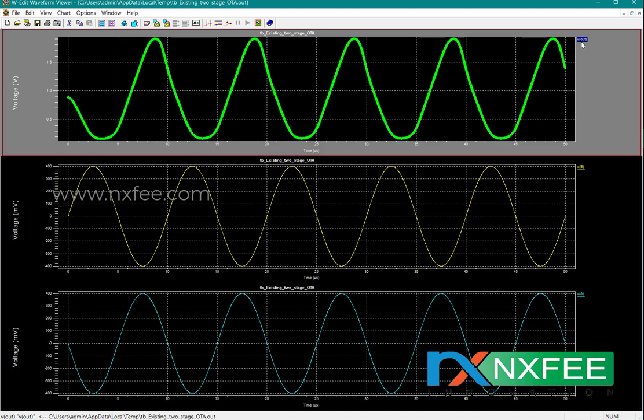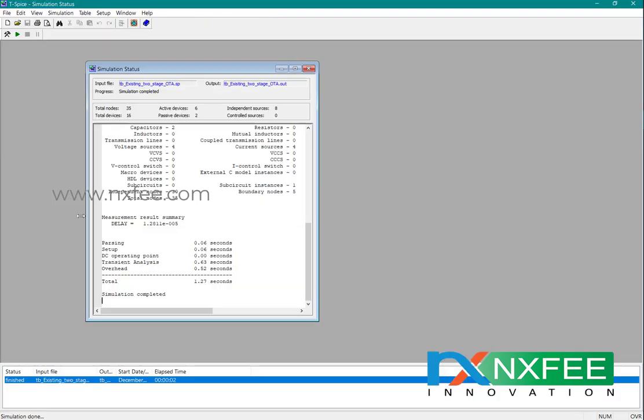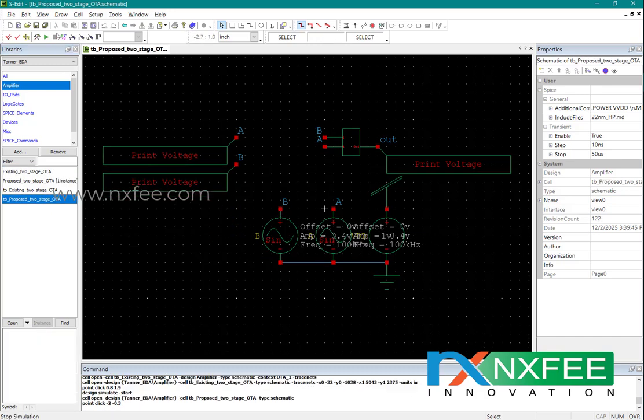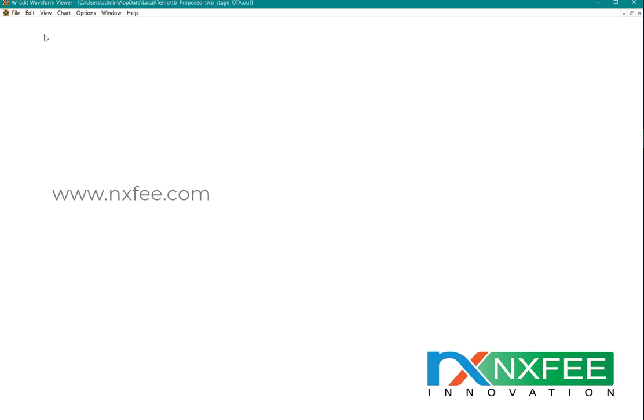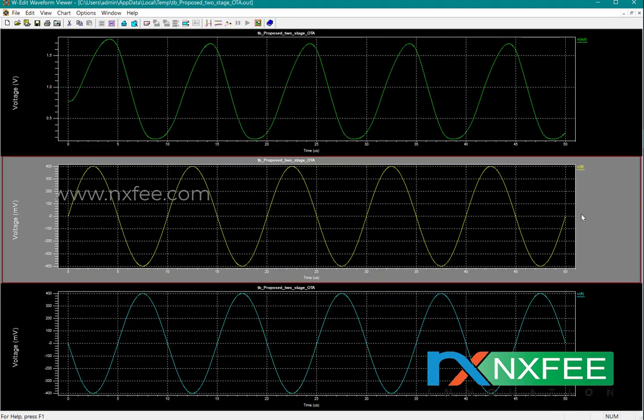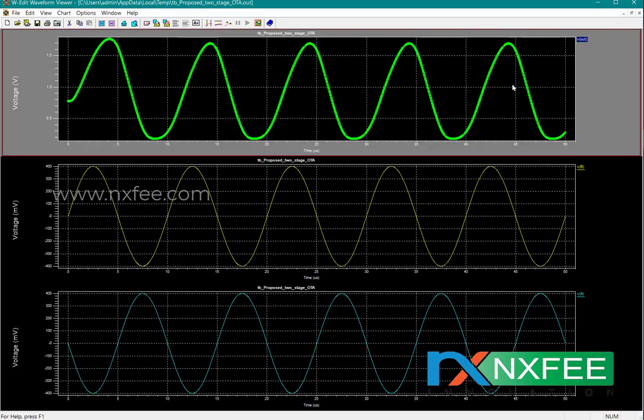This is the output and these two are the inputs. And here is the proposed circuit. These are the two inputs and this is the output.